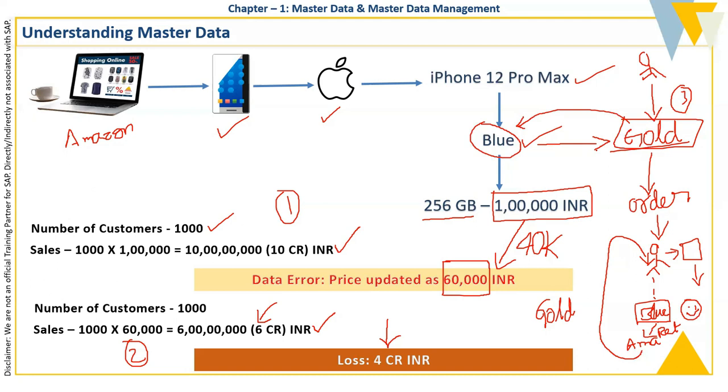So there are various possible criteria, even though the data is present for a particular product or anything. All the data, of course, is important, but there will always be some criteria or some data which can highly impact the business. Just like this scenario.